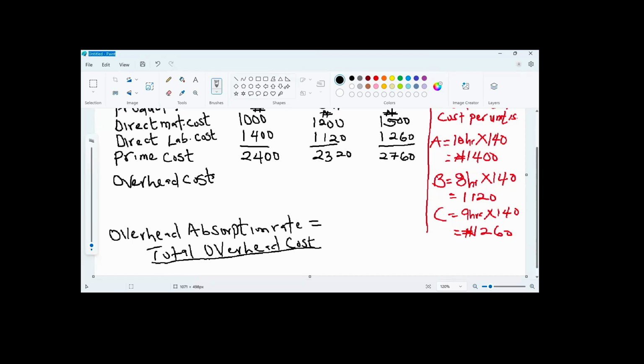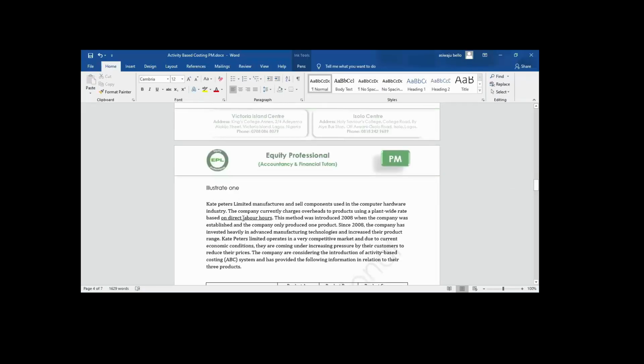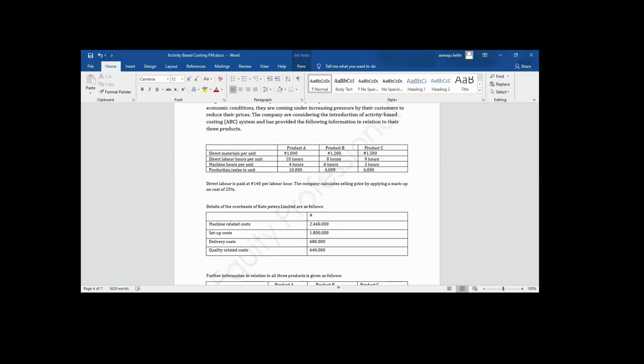We are using direct labor hour because the question says so. The company currently charges overhead to product using a plant-wide rate based on direct labor hours. So we are picking direct labor hours for our calculation under the traditional approach because the question says so.